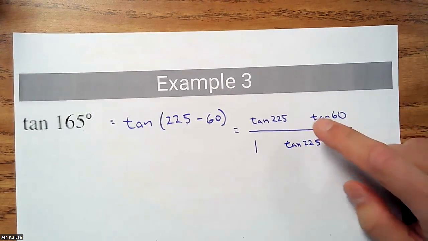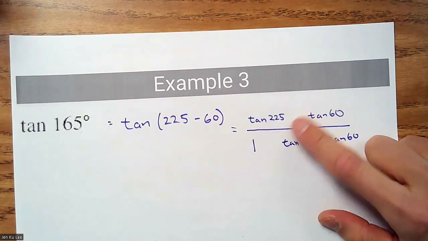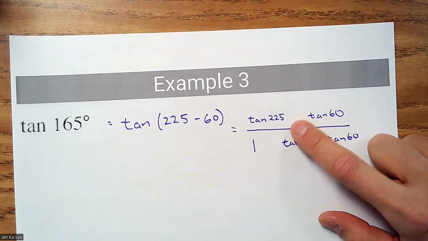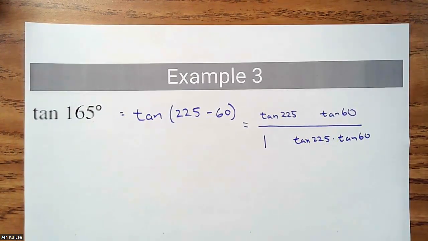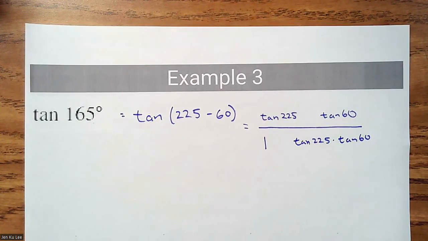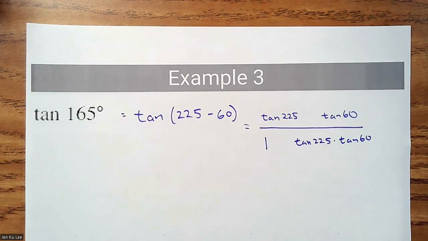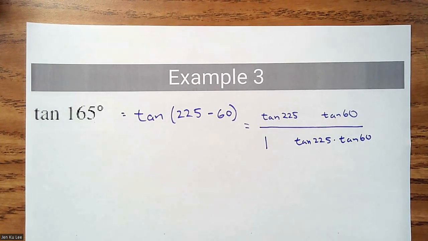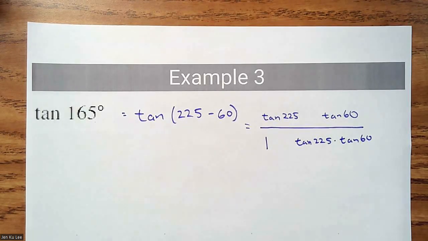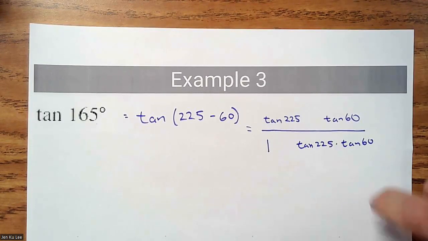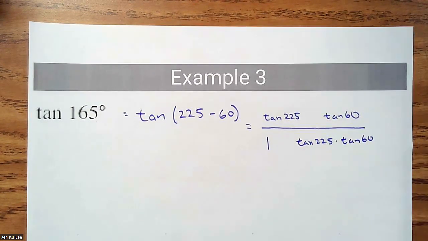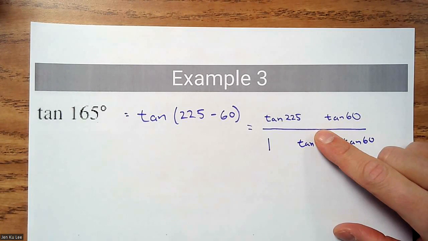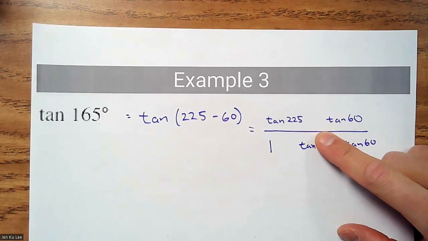Now, how I remember if it's plus or minus is going back to what tangent is. What is tangent in terms of sine and cosine? Looking at your identity sheet, tangent equals sine over cosine. And I know the sine and cosine addition and subtraction formulas: sine can't change signs, and crazy cosine switches signs.